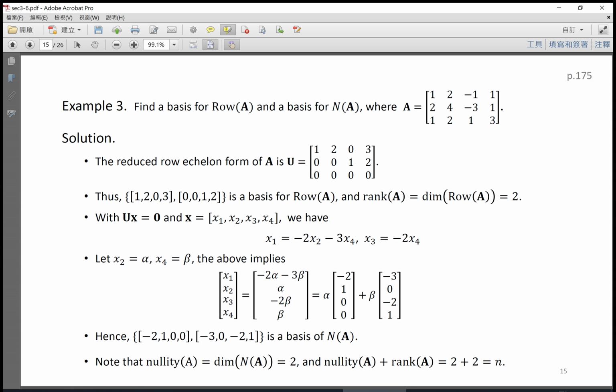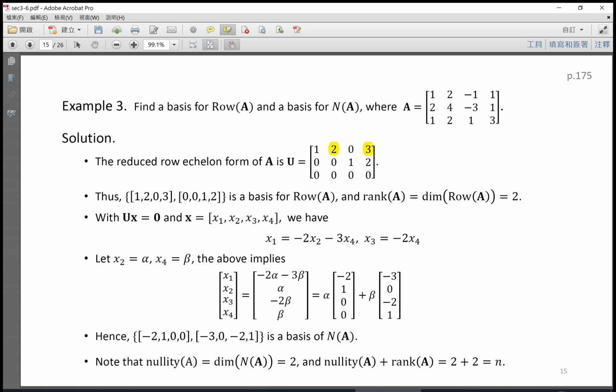I will use example 3 to illustrate this. Let U be the reduced row echelon form of A, and U is this matrix. Note that the second column and the fourth column correspond to free variables. Thus, UL is obtained from U by deleting the second column and the fourth column.